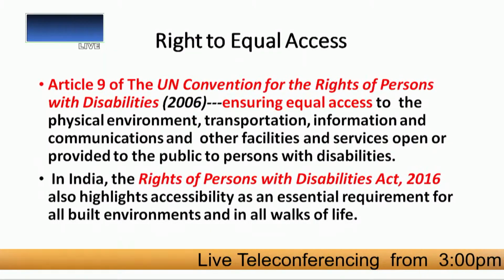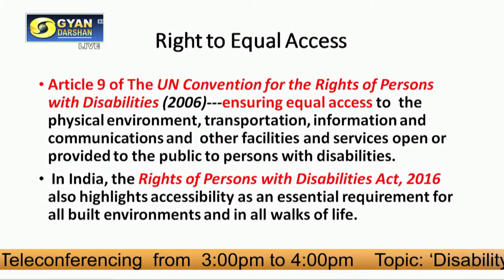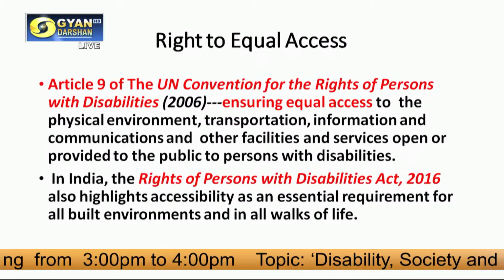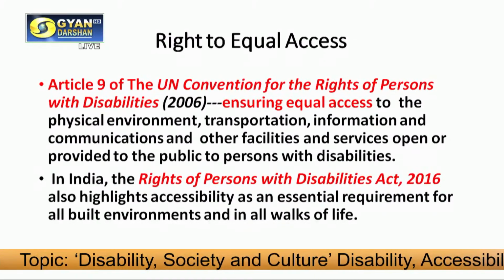And in the context of Indian law, the Rights of Persons with Disabilities Act also highlights accessibility as an essential requirement for all built environments and in all walks of life.